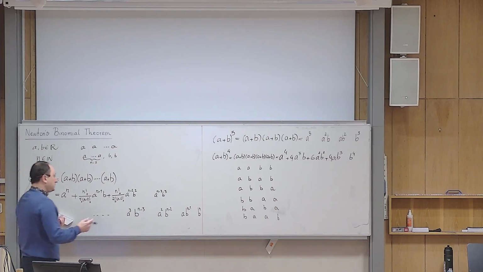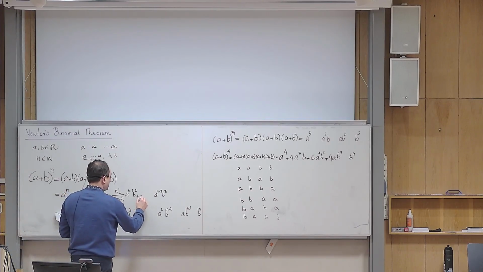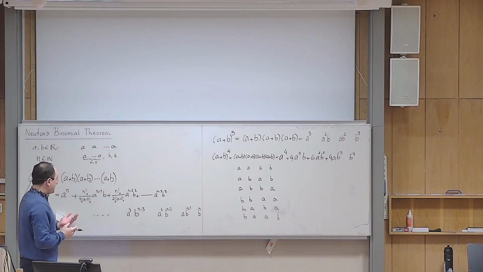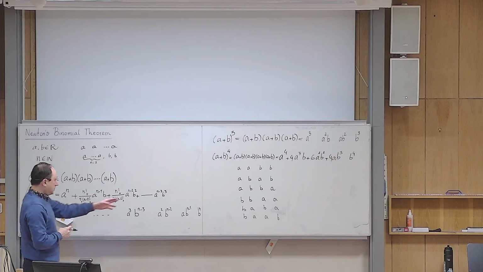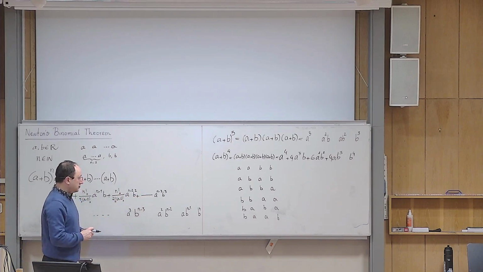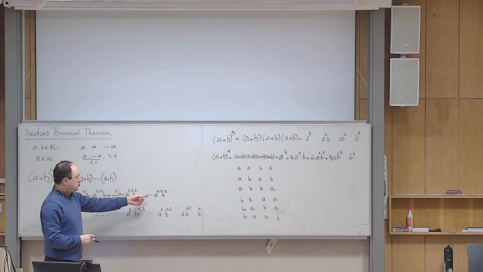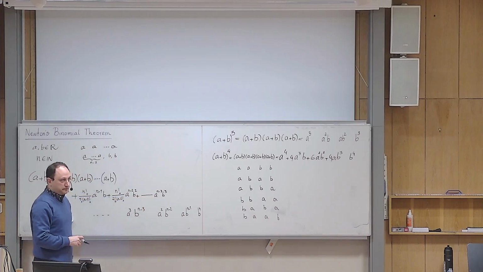Okay, can you tell me what is the coefficient of the next one? Just by seeing the pattern, yes? I think the pattern is obvious. This time you have again n objects, but 3 of them are b's, and n minus 3 of them are a's. So what should I write for the coefficient of the next one? Yes?